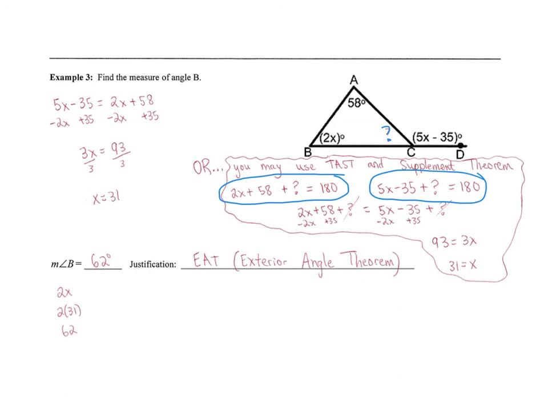Since they both equal 180 degrees, by using transitivity, we can set 2x plus 58 plus question mark equal to 5x minus 35. And what we have here is the same equation, getting rid of those question marks, that we used in EAT. So if you cannot remember EAT, you may use TAST and supplement theorem. Using TAST and supplement theorem is just a little longer.